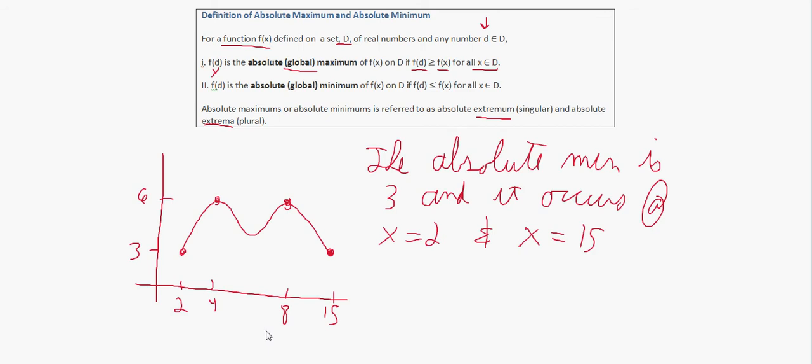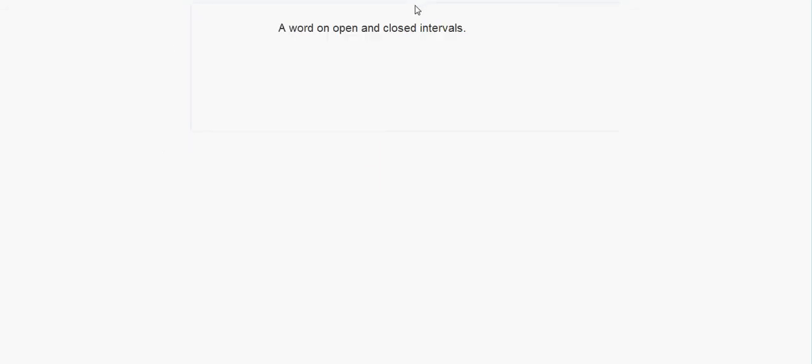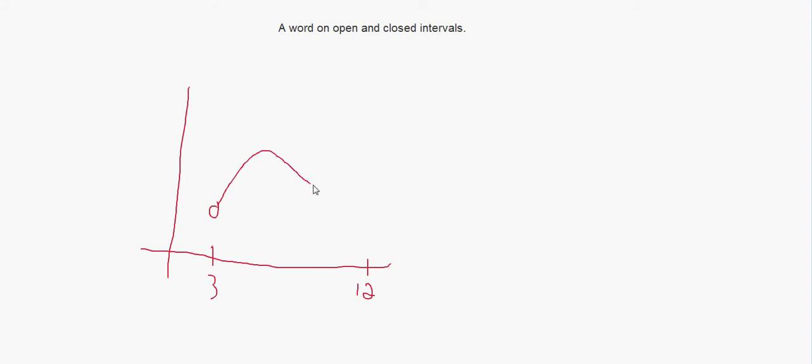Okay? So you gotta be careful about open and closed intervals, because if you want to find the absolute maximum on an open interval, well, that's a little tricky. So let's say, I'm just making up functions here, we're going from 3 to 12, and we have this graph here. So this value here is 2, and this value way up here is 7.